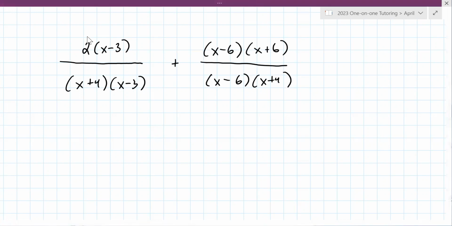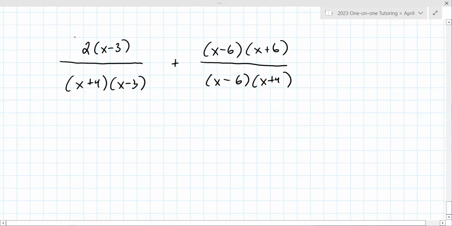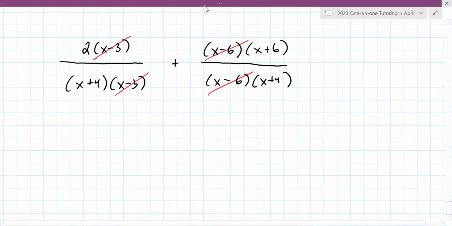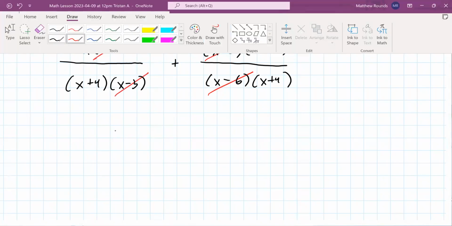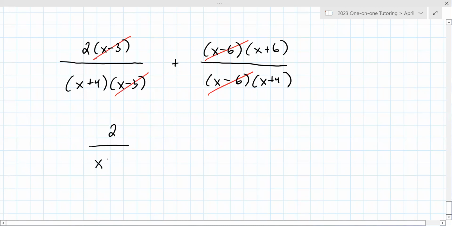Do you see any cancellations? x minus 6 and x minus 3 on the left, and yeah. Okay, so we're left with 2 over x plus 4 plus x plus 6 over x plus 4.